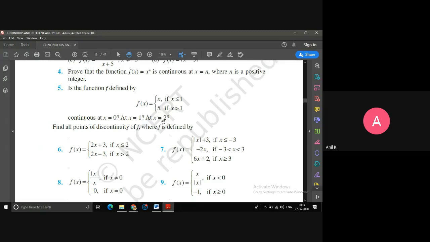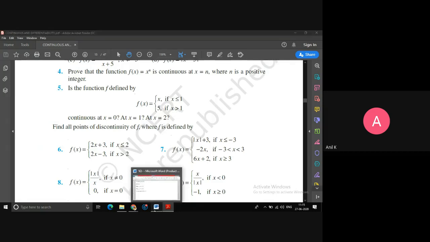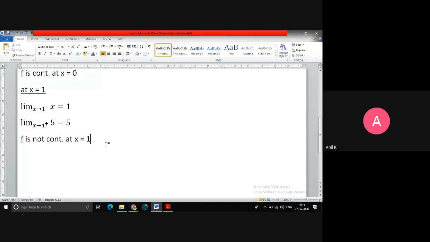But when I discuss the limit of the function, I don't go too far from the number. From 0 to 2, the difference is 2, so I'll not take that much difference. When I discuss the limit as x tends to 1 minus or left of 1, or limit as x tends to 1 plus, that is right of 1, the functional value is within the boundary of 1, maybe with a radius of 0.1 or 0.5 or 0.05.